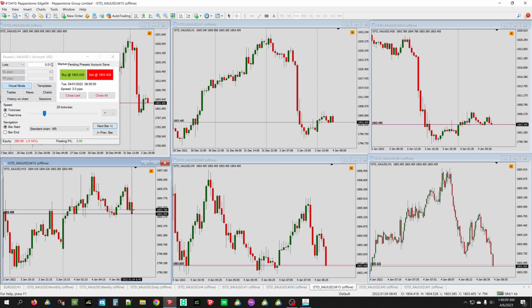Alright, at this point M15 candle has broken below previous M15 candle low. We are also approaching a support area at 1803 area. If we break below this area, we can push potentially down in this 50 pips of range.